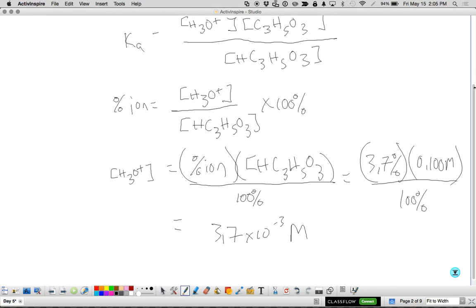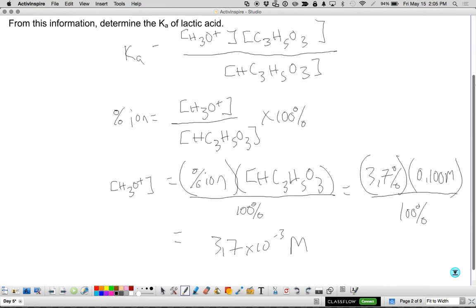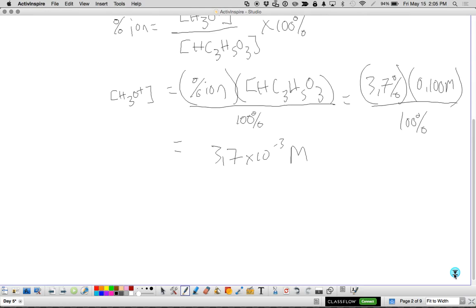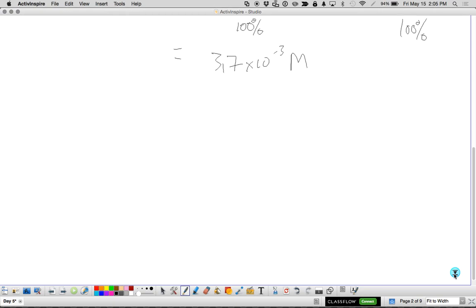Okay, now at this point, I think it would be handy to pull back a friend that we talked about briefly when we did equilibrium, and that is the RICE table. Okay, R-I-C-E.